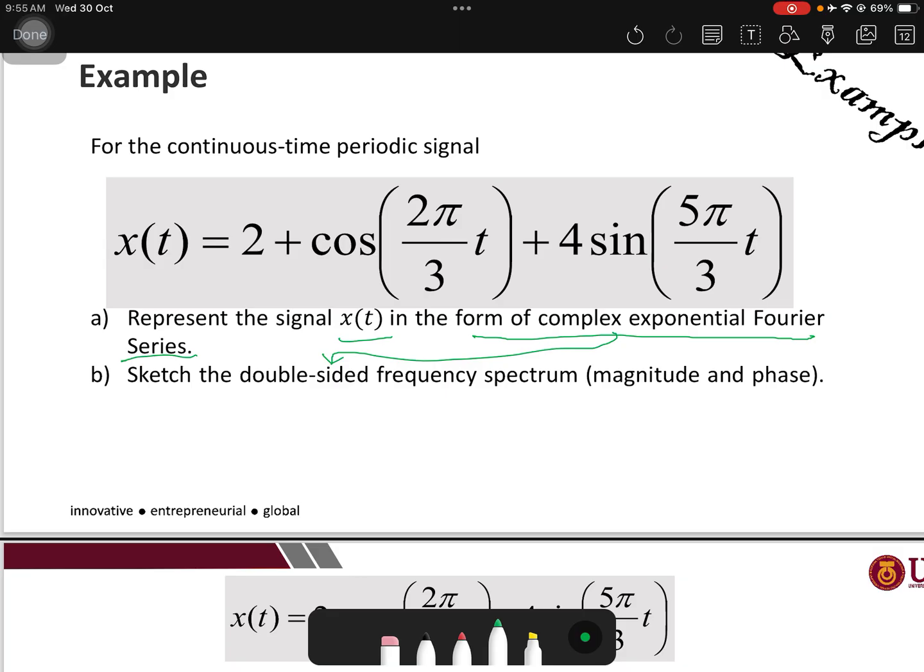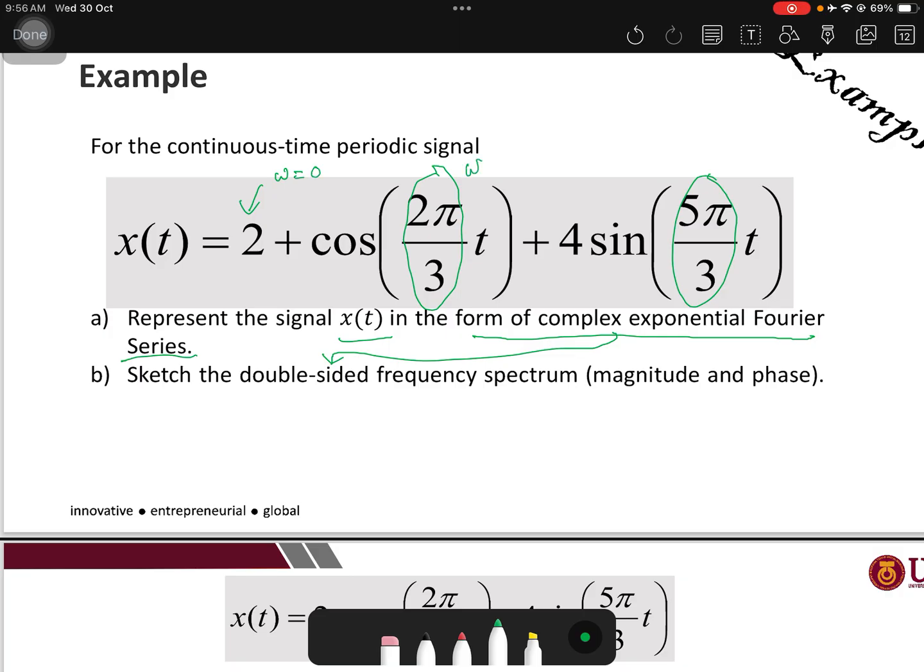First of all, you have to analyze the signal given, whether there is any sharing of the angular frequency. You can see that there is no sharing for the angular frequency. For this one, your angular frequency is 0.